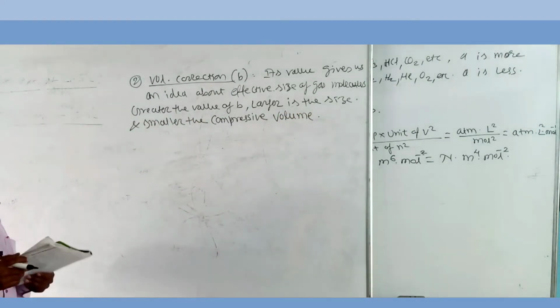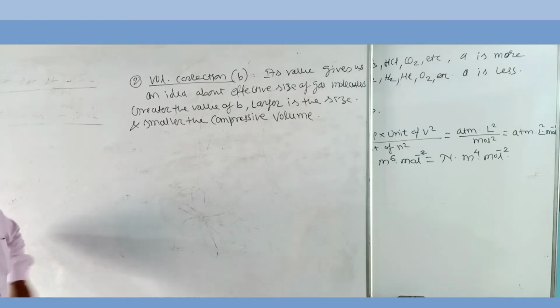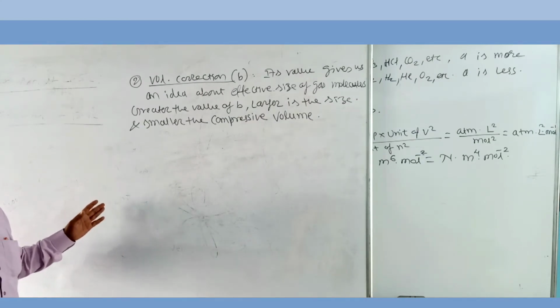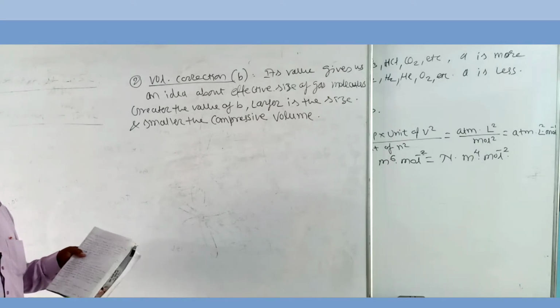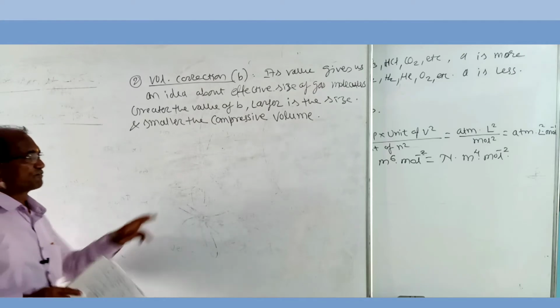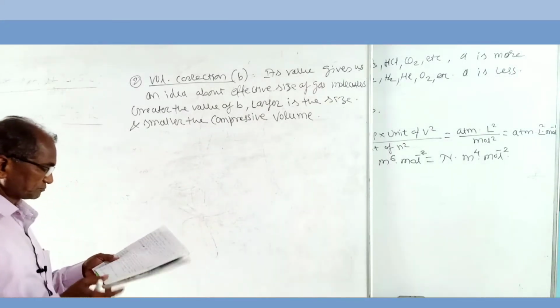Here the value of b is larger, the size is larger, and attraction between the gaseous molecules is a minimum. Therefore, they are less compressible, so the compressible volume is smaller.